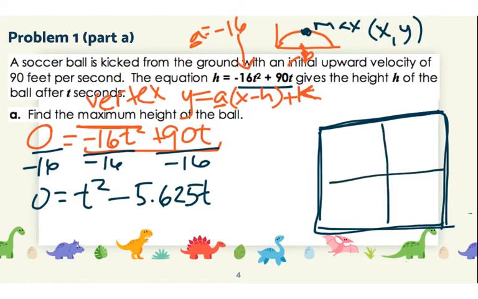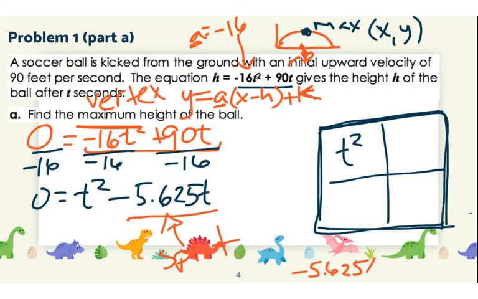Okay, so now I've got t squared here, and this I've got to split into 2. Okay, so let me just do that here. So if I say negative 5.625 divided by 2, that gives me negative 2.8125. Okay, it's pushing it actually, being too long, but we can work with it.